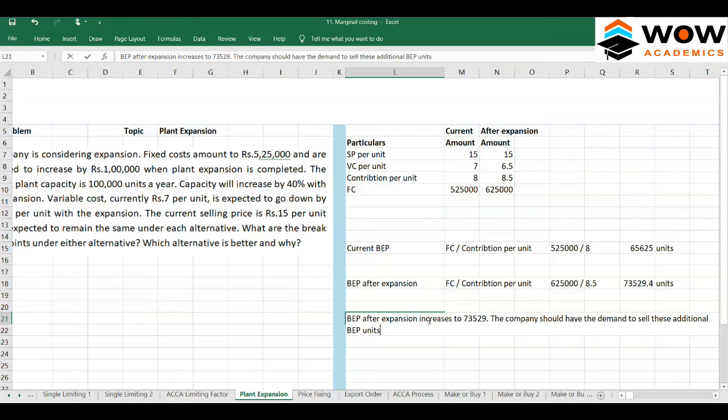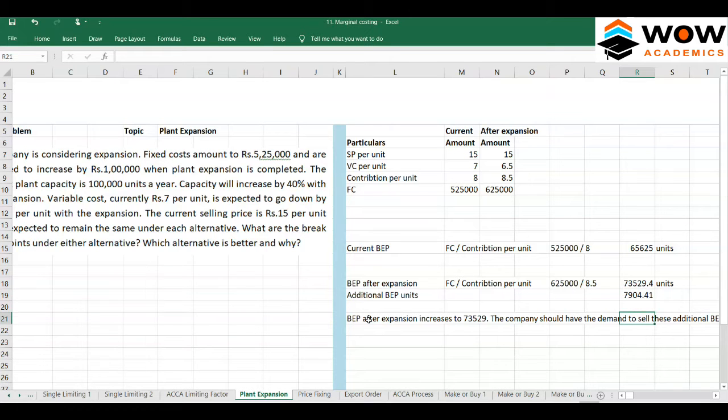Additional BEP units would be, we'll just work it out. So the additional BEP units is 7,900 units they have to sell.